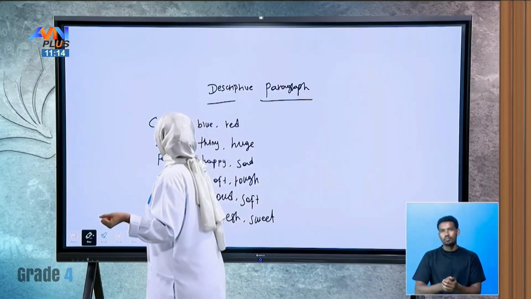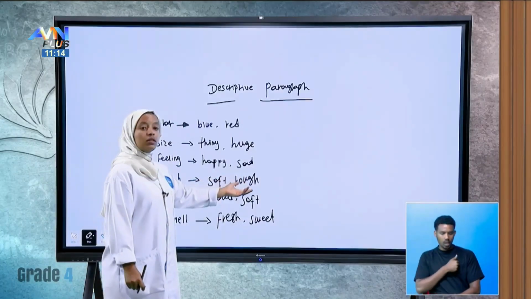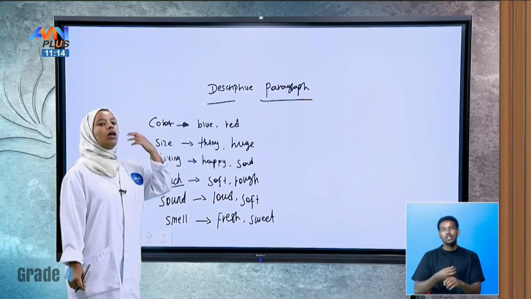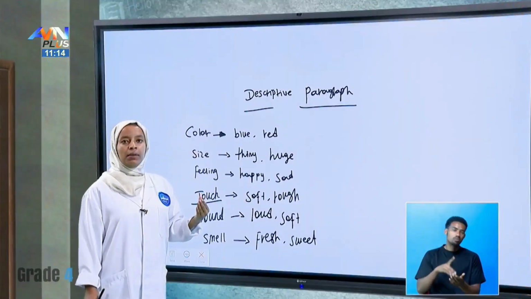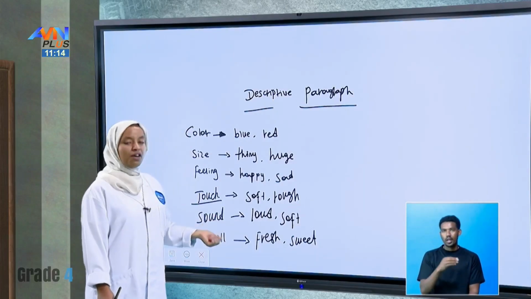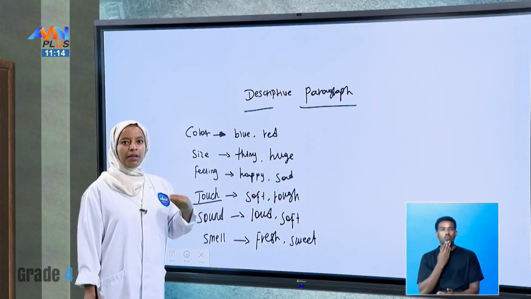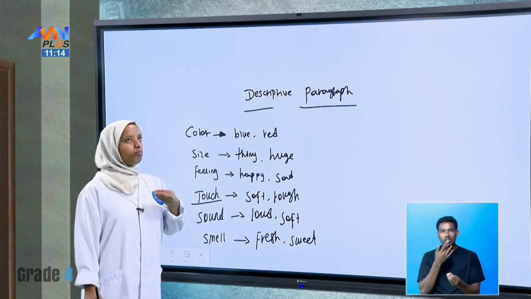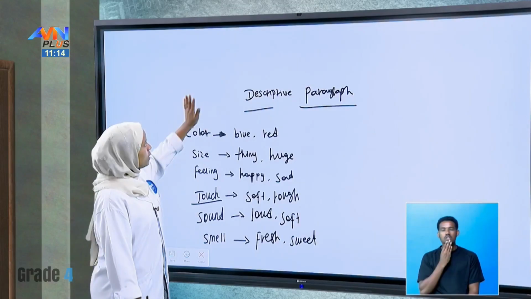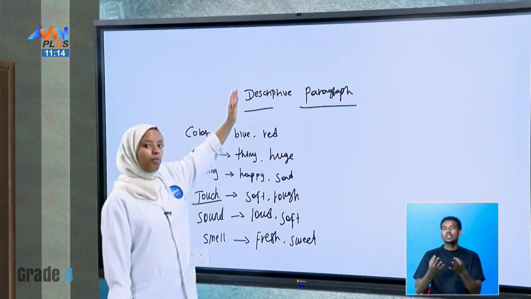Also touch: we can use soft and rough. When we come to sound, loud and soft. When we come to smell, we can use fresh and sweet. We can add some tastes, like the chocolate is delicious and sweet. You can use these descriptive words to write a descriptive paragraph.